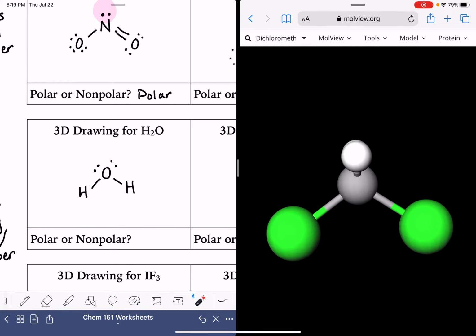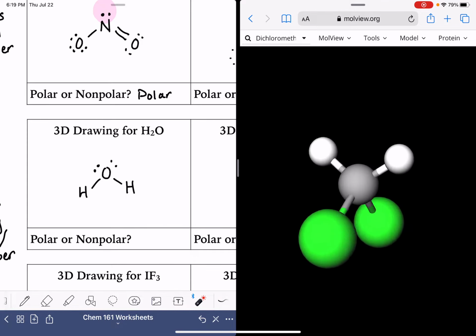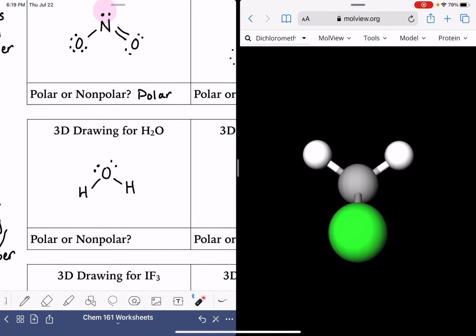When you have 2 lone pairs on the central atom, you have to think about how well they balance or counteract each other. And this is really a dimensional thing. If those 2 lone pairs are exactly 180 degrees apart, exactly opposite from each other, one would be pulling to the left and one exactly to the right, they would cancel each other out like a game of tug of war. But in this case, the lone pairs are not exactly opposite.